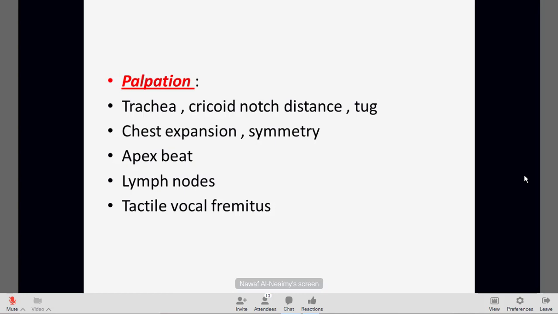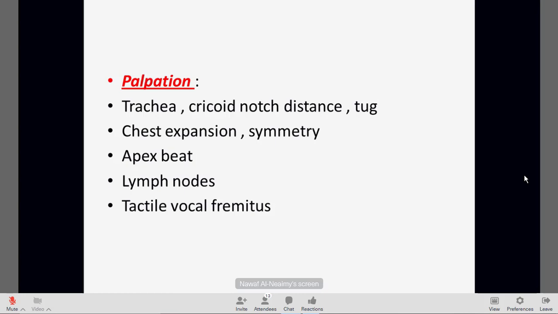In fact, this step, one of the steps in palpation, has been replaced by vocal resonance, which is carried out during auscultation, because the yield and accuracy of vocal resonance is more than that of tactile vocal fremitus.